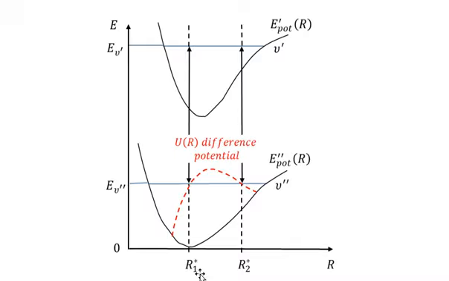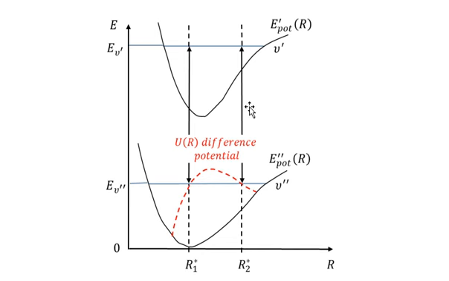And you see that I have shown two transitions. One is at R1 star, that is from the vibrational level V double prime to the vibrational level V single prime, and similarly at R2 star, occurring again between the same levels but at a different value of nuclear separation R2 star, between the two vibrational levels V double prime and V single prime.